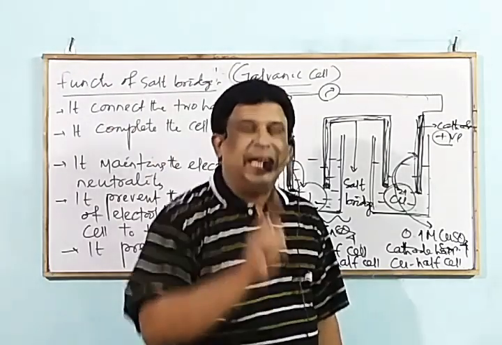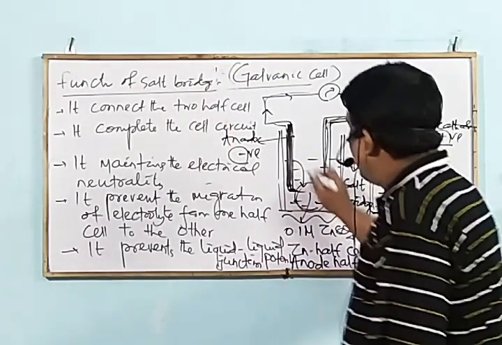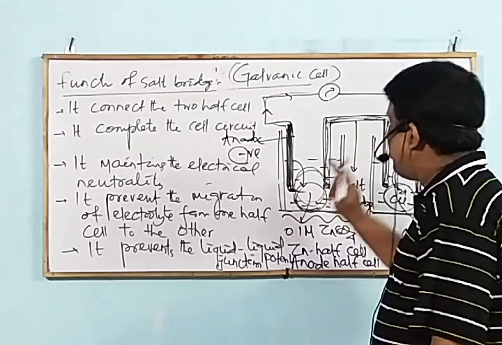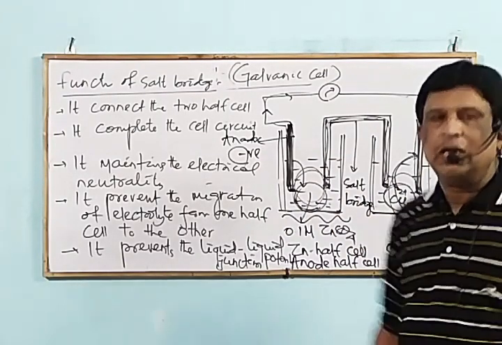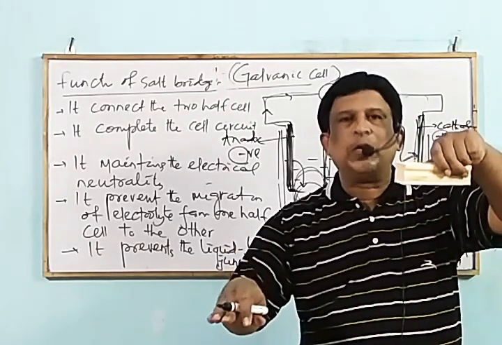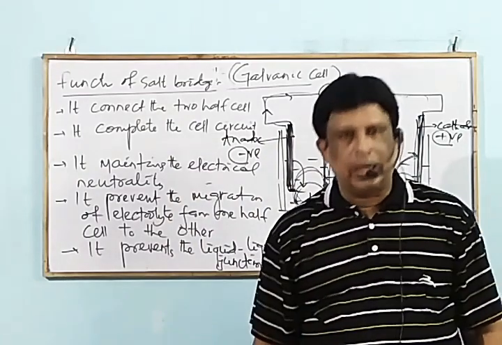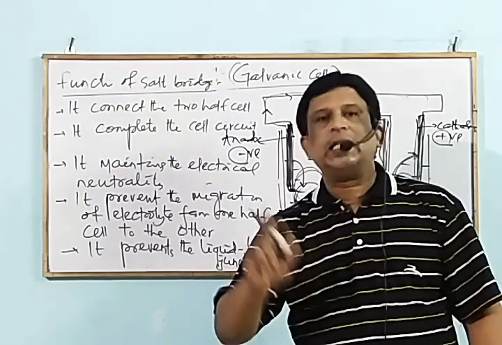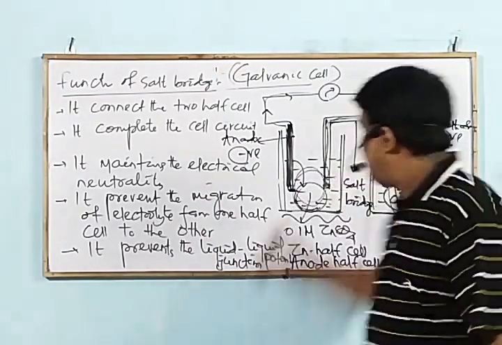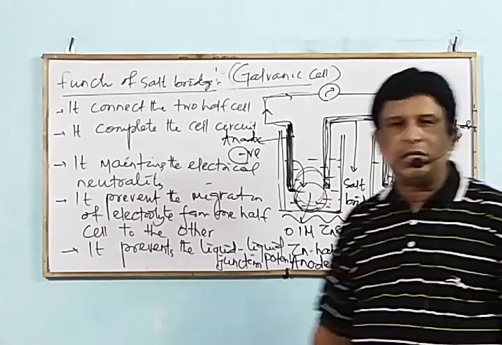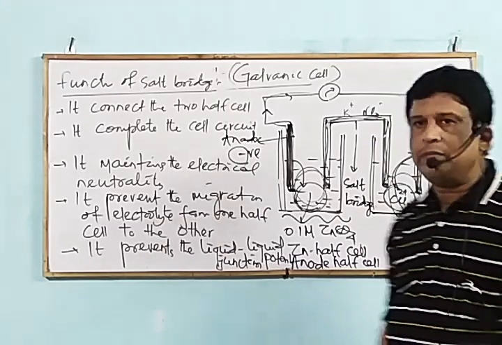What do you mean by liquid junction potential? Mark that. When the concentration of zinc ion increases and the concentration of copper ion decreases, there is a development of a potential difference. As a result, automatically there is a flow of electrolyte. So in order to maintain the electrical neutrality, suppose we select potassium nitrate, that is K plus and NO3 minus.